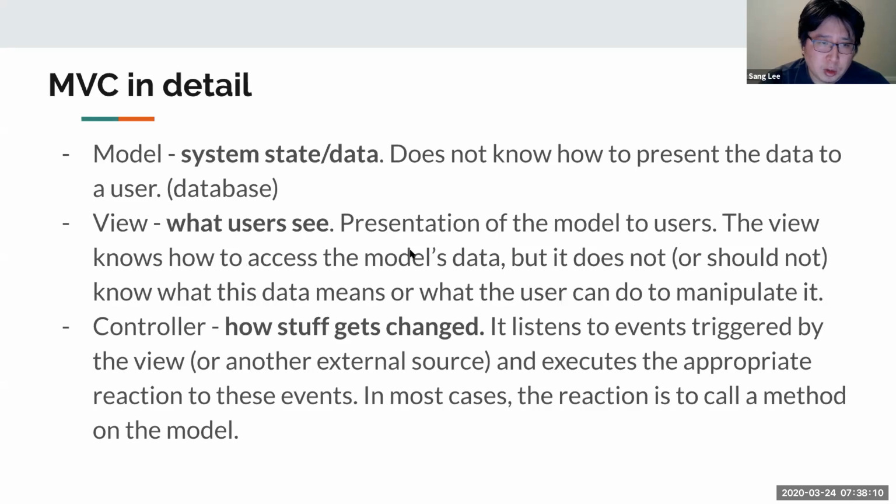So in detail, to give you more specific meaning of each component, the model is basically system state or data. You can say application data. In our case, it's web programming and web applications. Typically data resides in a web server, but in a lot of cases, data is simply something that exists in your computer, like Microsoft Word.